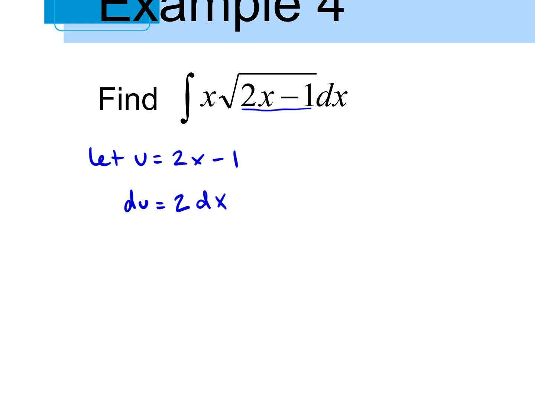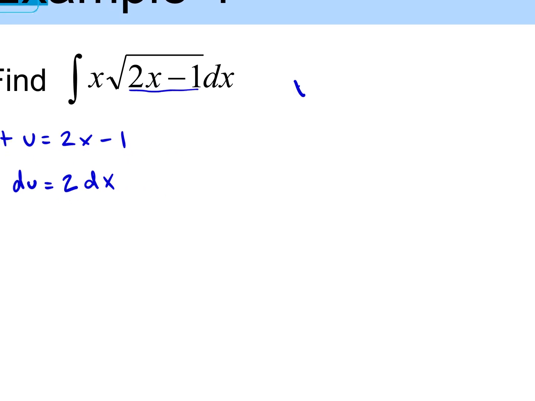So if we substitute in, we have our integral. I don't have anything that I'm plugging into x. I could put a 2 here and a 1/2 outside, so that way I have 2 dx that I would plug du into, and then I could plug in u into the square root.